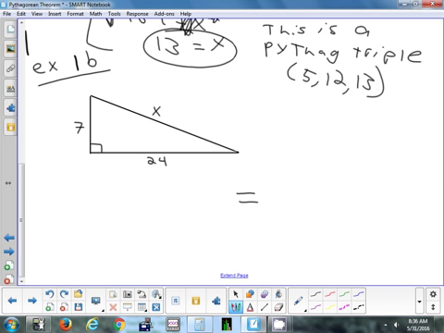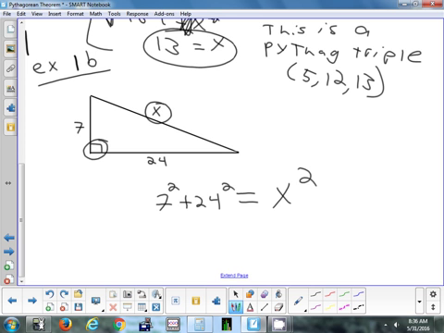It would be 7 to the second plus 24 to the second equals x to the second. Yes, you always have to put this side by itself. Whatever side is across from this symbol, the long side, you got to put by itself.